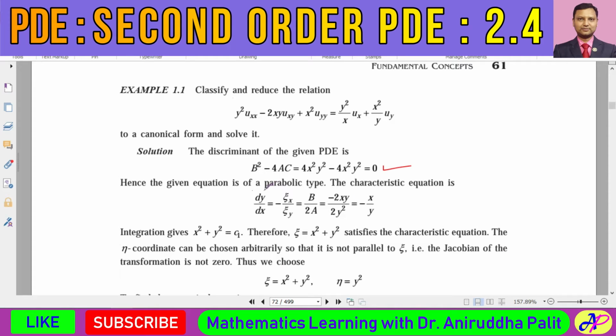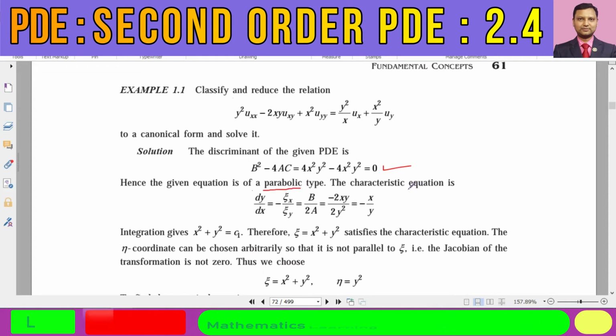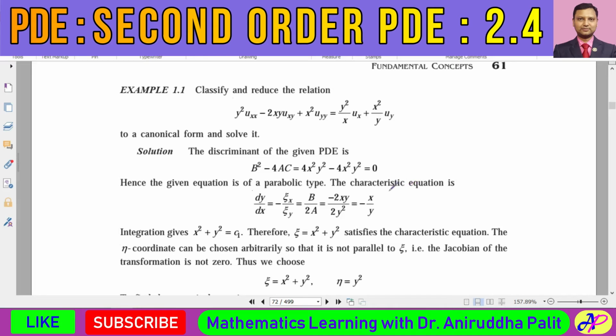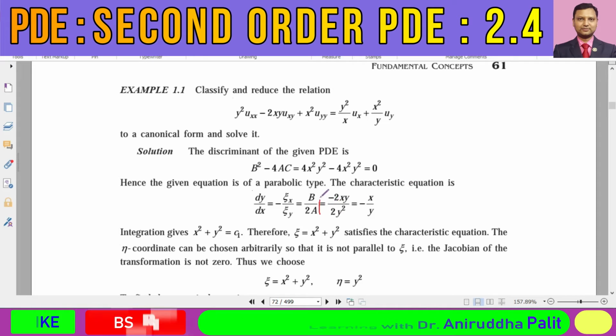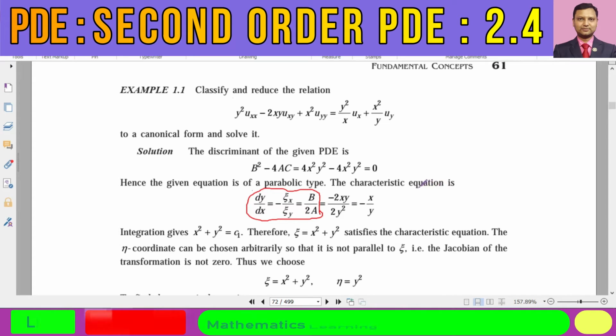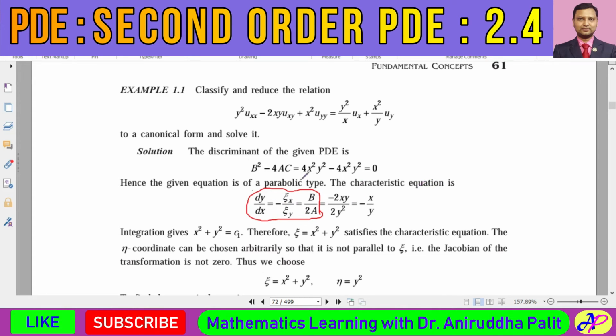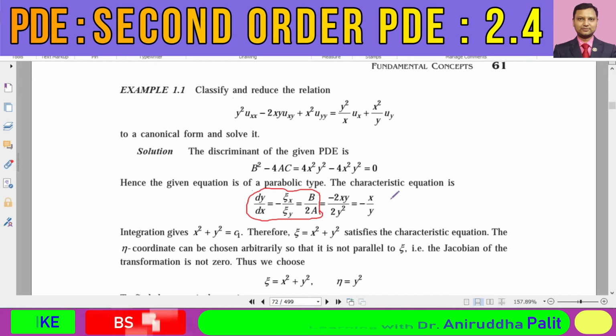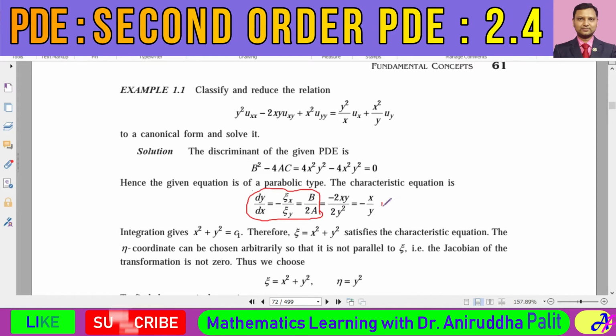Therefore the given equation is a parabolic differential equation, and we know that in case of a parabolic differential equation, dy dx can be written in this fashion, b by twice a. So if you put b and a over here, this becomes dy dx equal to minus x by y.